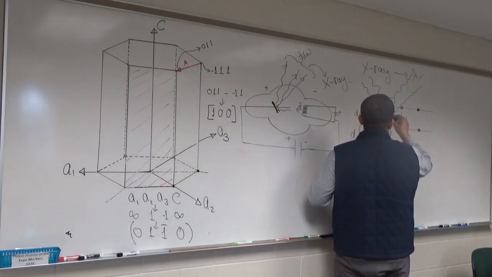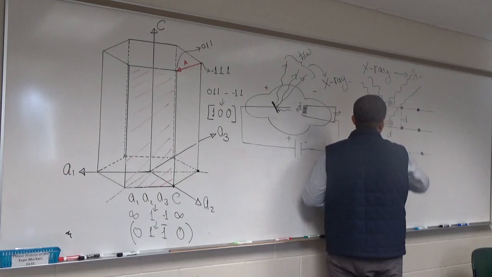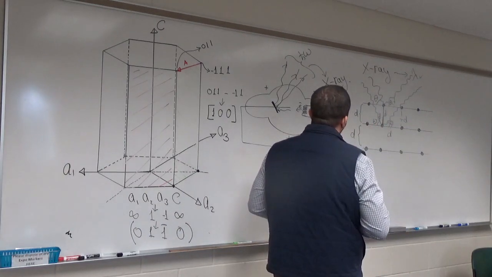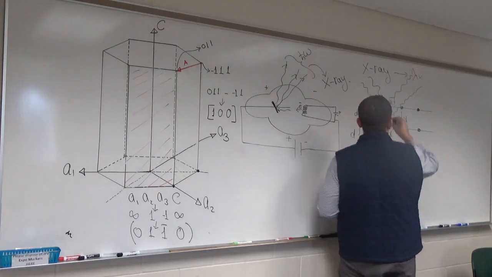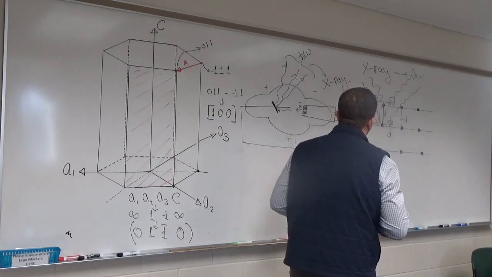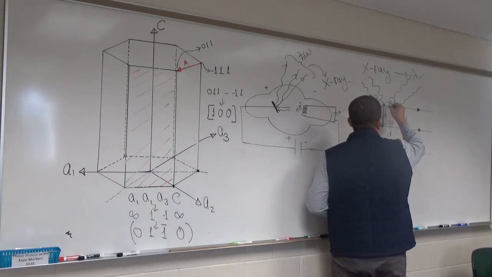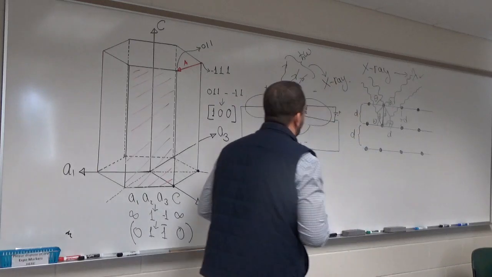So according to Bragg, guys, this distance that we have right here is d. You can see that this can represent d sine theta, and this can represent d sine theta.